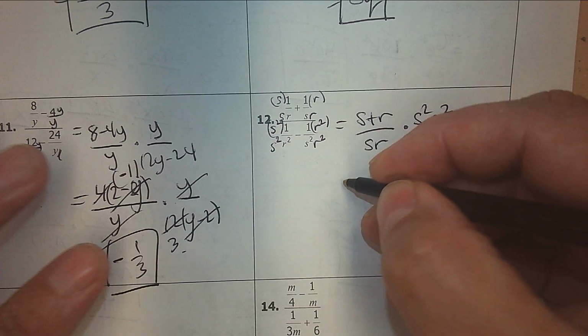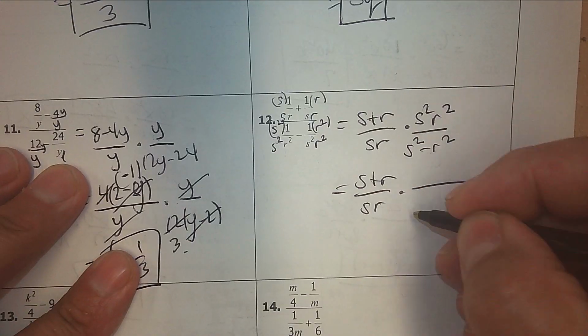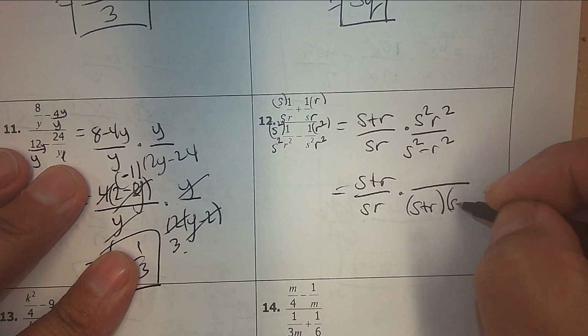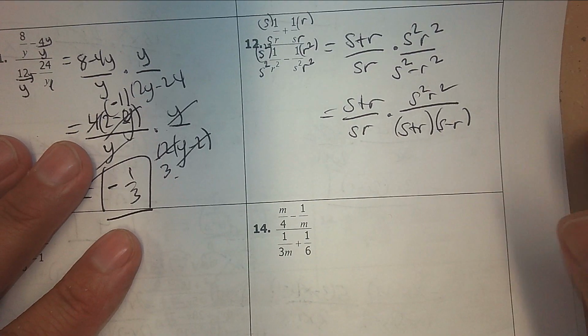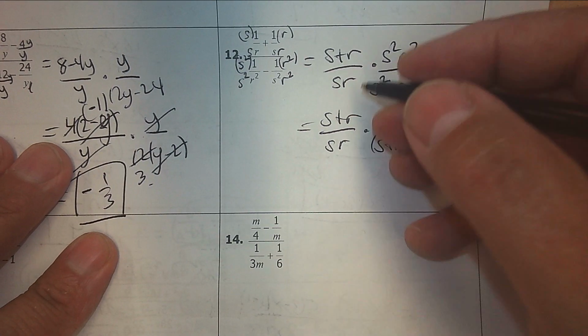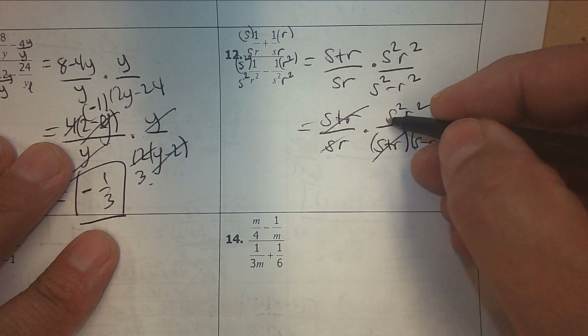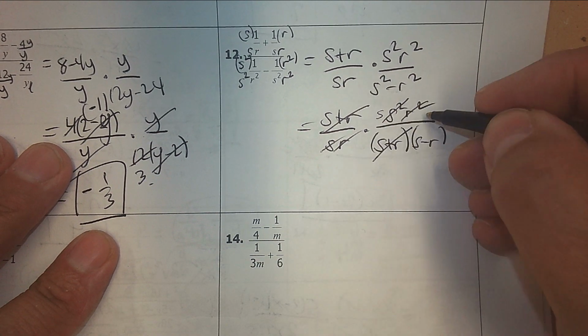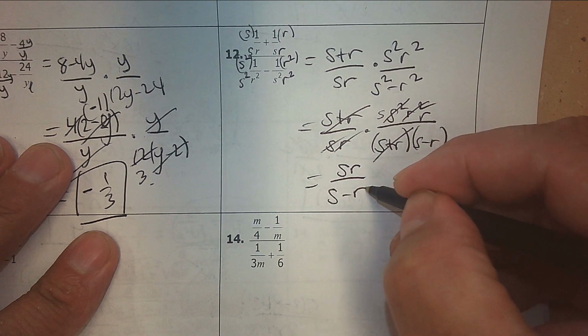Now, this is a difference of squares. Now we can divide out common factors. So this makes it just an s, this makes this just an r. So I have sr over s subtract r. Done.